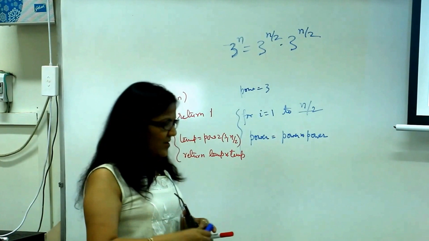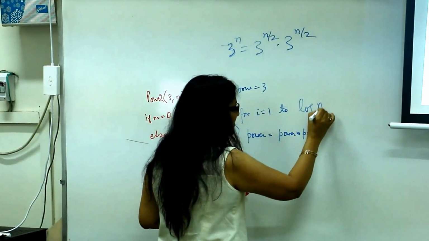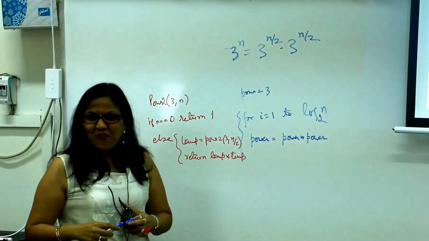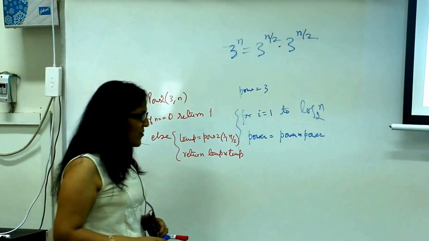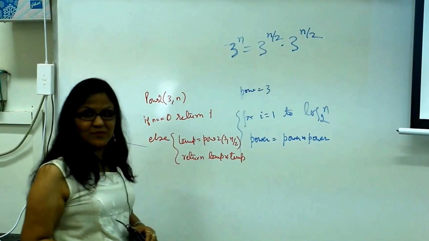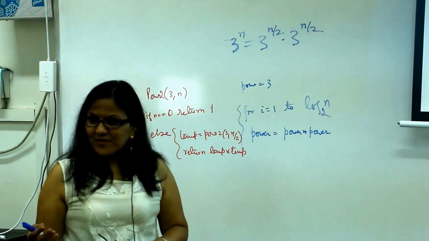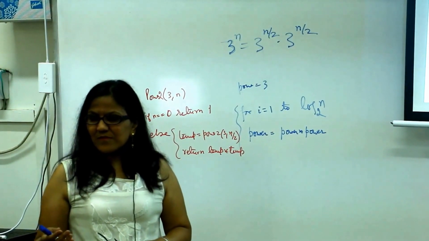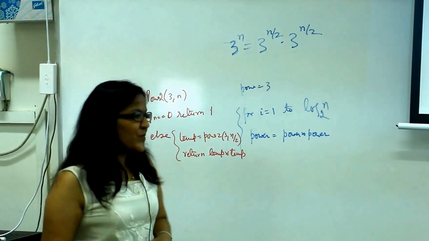Log n, right? Now, how do you compute log n? You'll have to use some log function, etc. Well, there may be other ways to do it. While n is greater than 0, you reduce it, divide by 2, divide by 2.